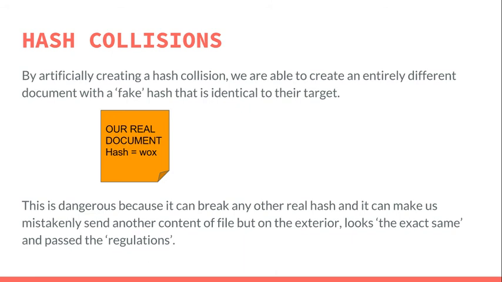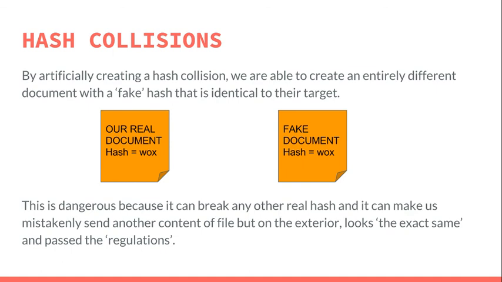The hash is WOX. When an evil person creates an artificial hash collision, they can create a completely different document with completely different contents, but with the same hash. So once they know our hash, they can completely wipe out our document and replace it with their fake document.